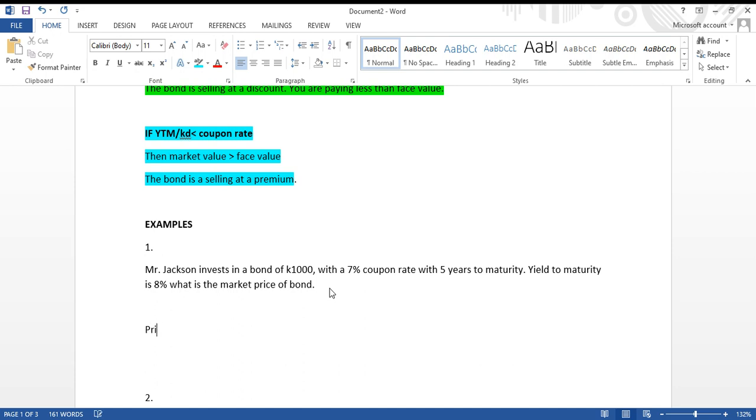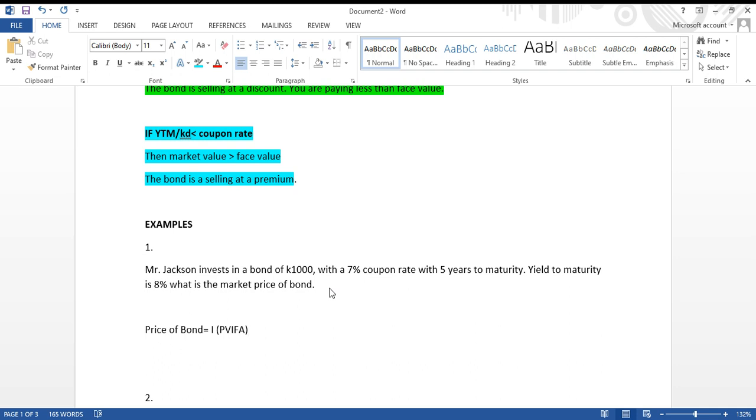Right. So we can use this simple formula. The price of the bond equals the interest payments multiplied by our annuity factor.